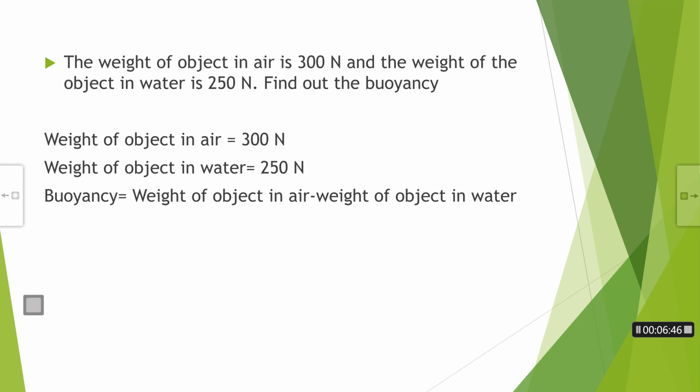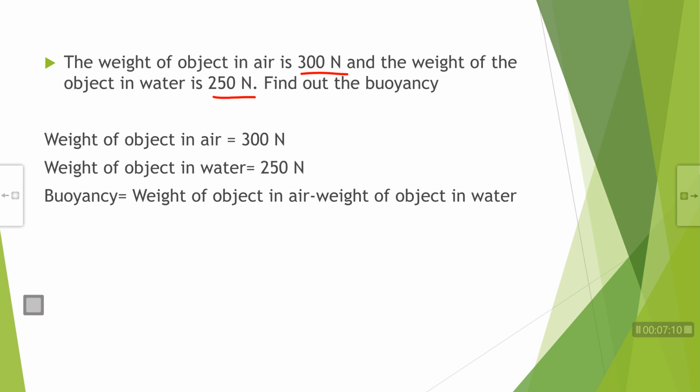Here is another question for you. The question is, the weight of the object in air is 300 Newton and the weight of the object in water is 250 Newton. Find out the buoyancy. So, first we can write the given data.